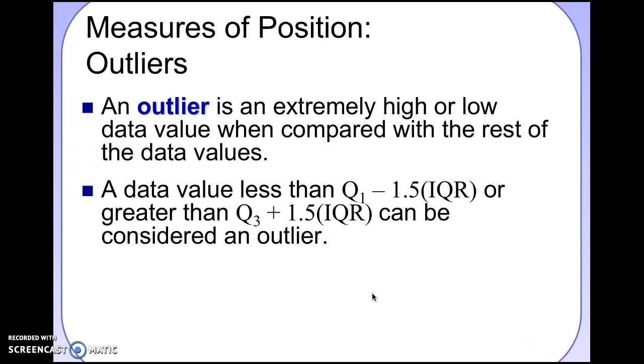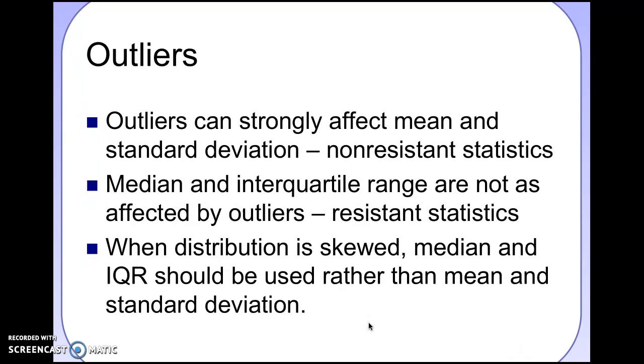Outliers can affect how the data is resulted. So it's really important to know if your data has outliers in it. In order to figure that out, you would need to go through a process. But one thing to consider is that outliers can strongly affect the mean and standard deviation.